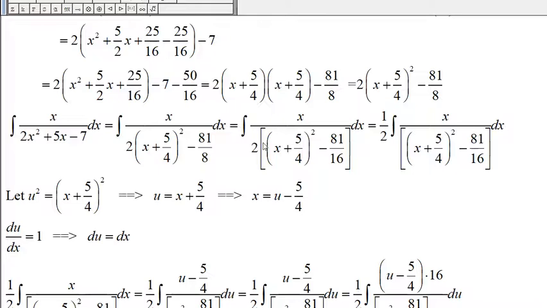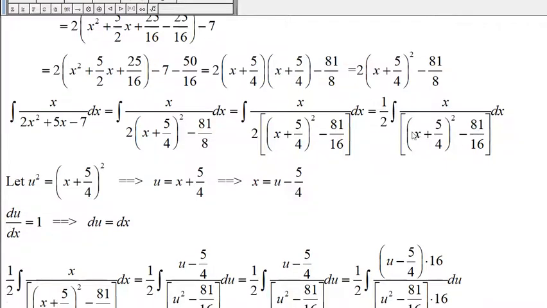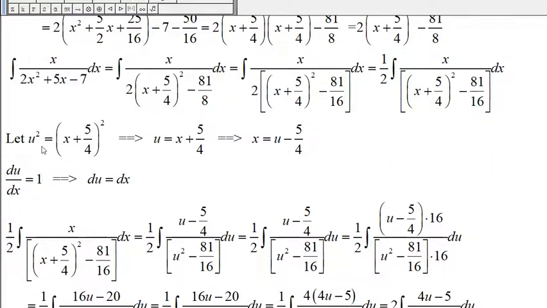And then this becomes 1 half outside. And now think of this as u squared minus a squared. So we have u squared as x plus 5 fourths squared. U is equal to x plus 5 fourths, and then x is equal to u minus 5 fourths.